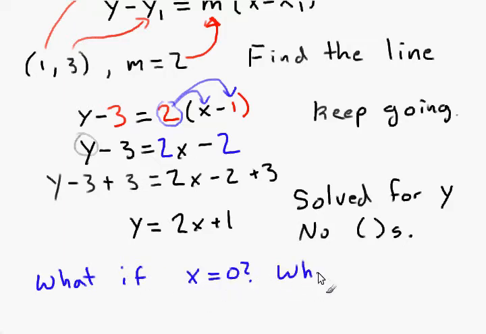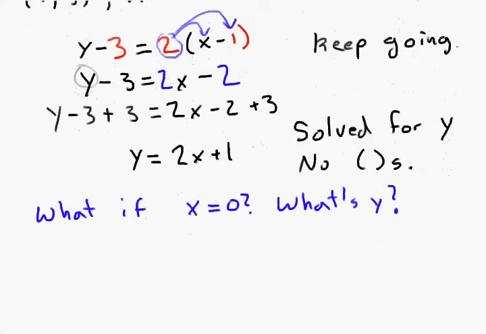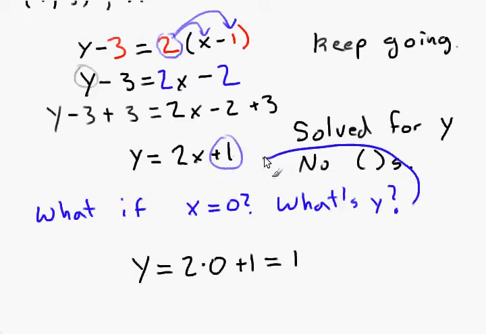What's y? Well, y would be equal to 2 times 0 plus 1, which is 1, which, hey, wait a minute, is just right here. What's y? It's that value right there.